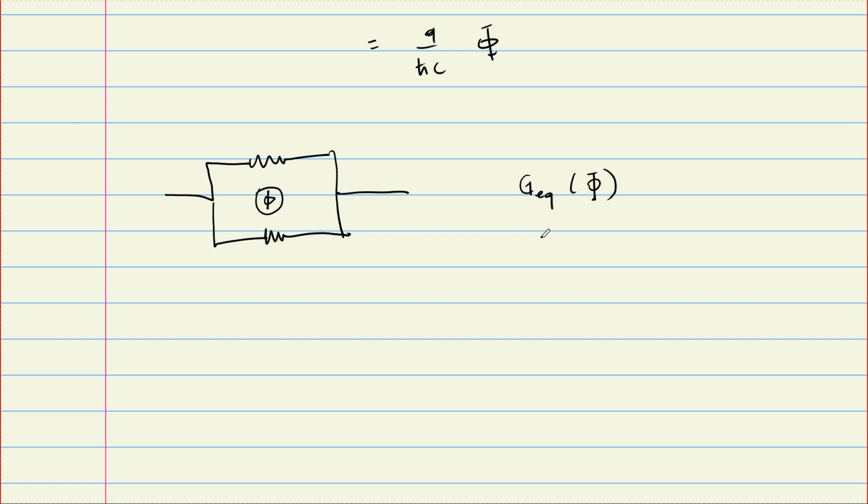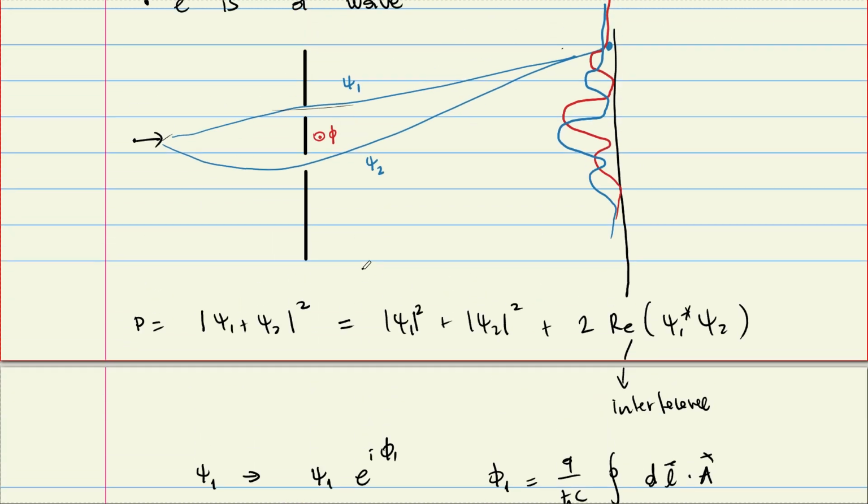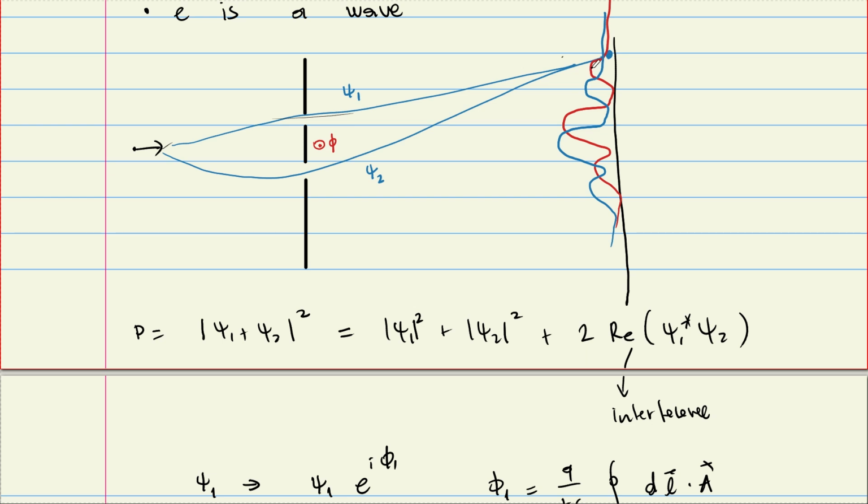Because, for example, if you are at a point where you have constructive interference, by just changing the flux, you change from constructive interference to destructive interference, and this is going to decrease propagation, this is going to decrease conductance.